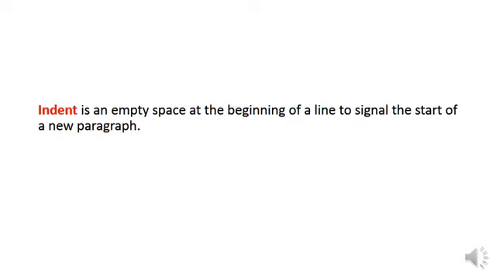The reason is that students forget to put indent. Indent is an empty space at the beginning of a line to signal the start of a new paragraph. So in order to make sure that the reader understands the beginning of your paragraph, you have to leave empty space at the beginning of your paragraph, and it will be only in the first sentence.